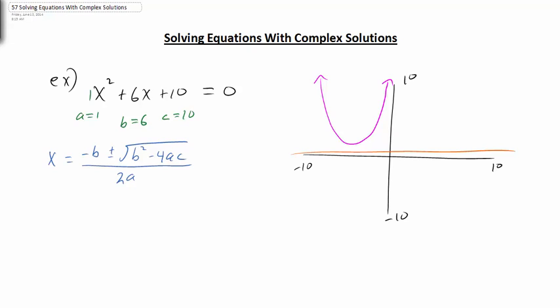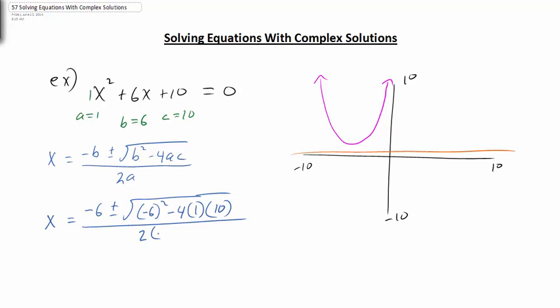So if we plug these values into the formula, we have x equals negative b, so that's negative 6, plus or minus the square root of negative 6 squared minus 4 times 1 times 10, and all of this is divided by 2 times a, which is 1.